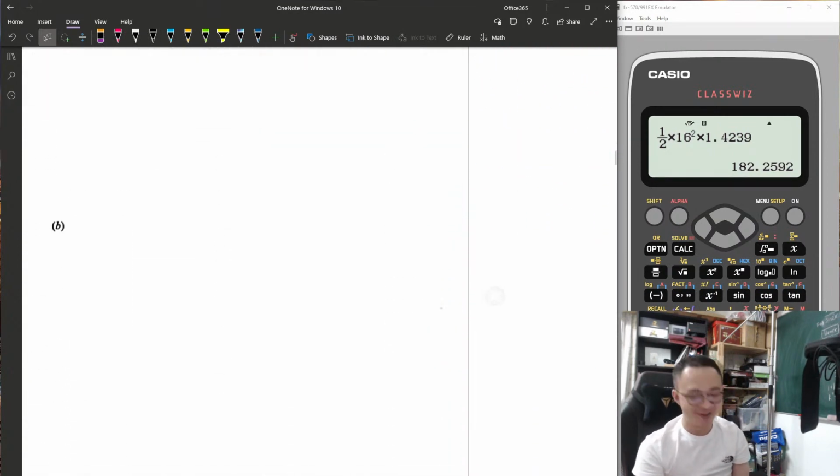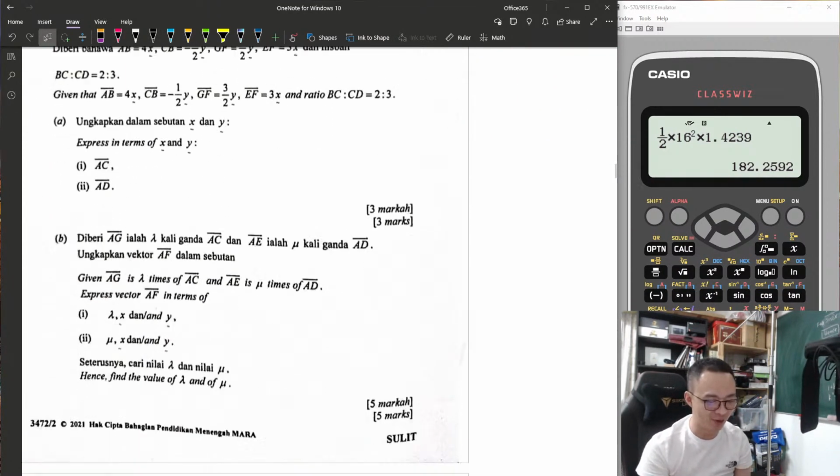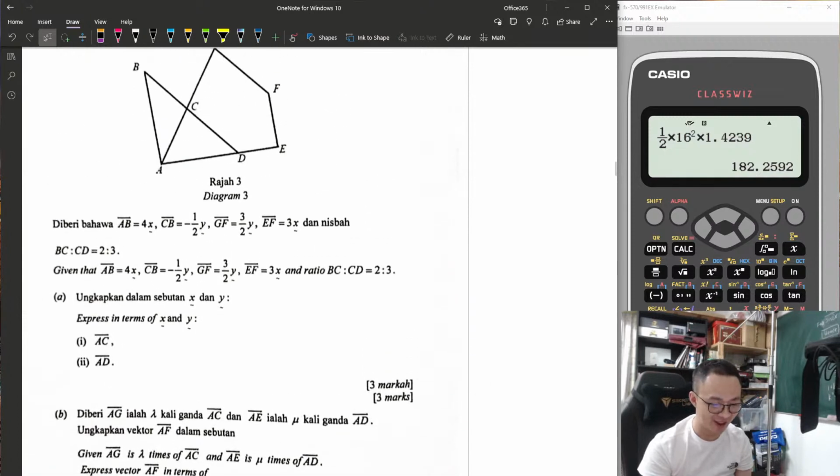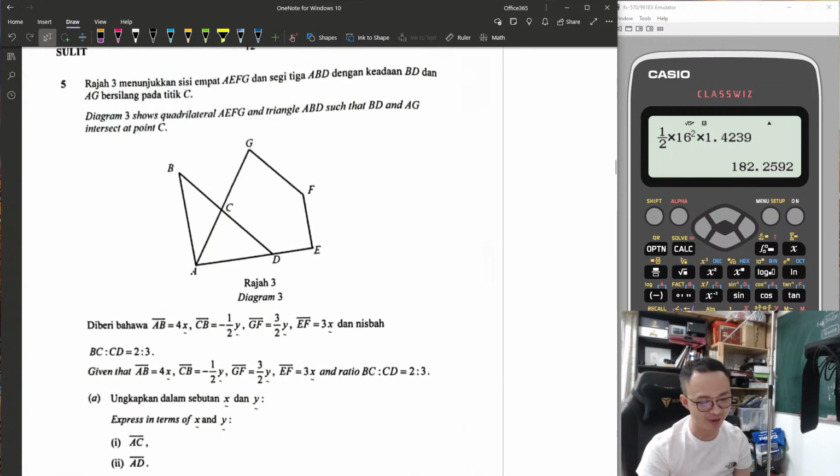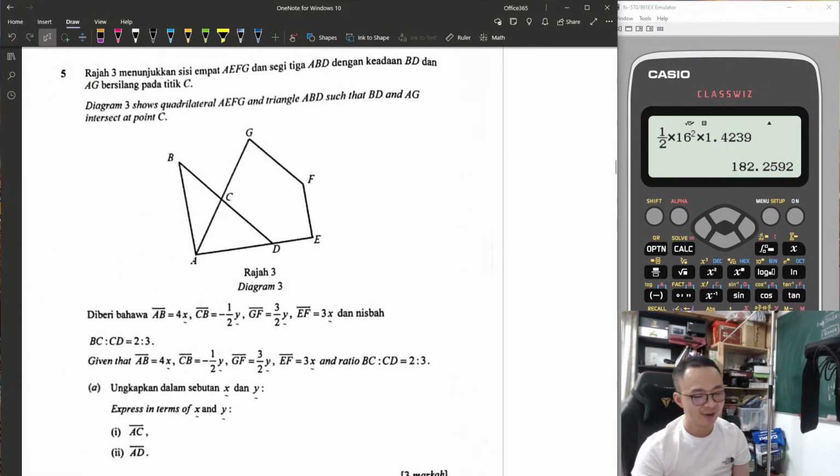What's the time now? Alright, let's do one more question maybe. 8 mark question. Alright, let's do this one. Okay, we have some quadrilateral, which is something like AEFG, and triangle ABD. So BD and AG intersect at C. Nothing important here.